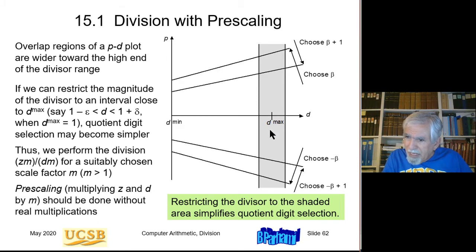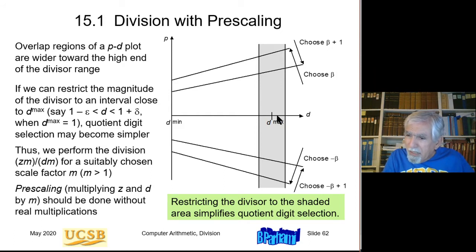So if the max value is 1, I try to make the divisor D very close to this D max. So if D max is 1, I want to make the divisor in the range 1 minus epsilon to 1 plus delta, where epsilon is this distance and delta is this distance.